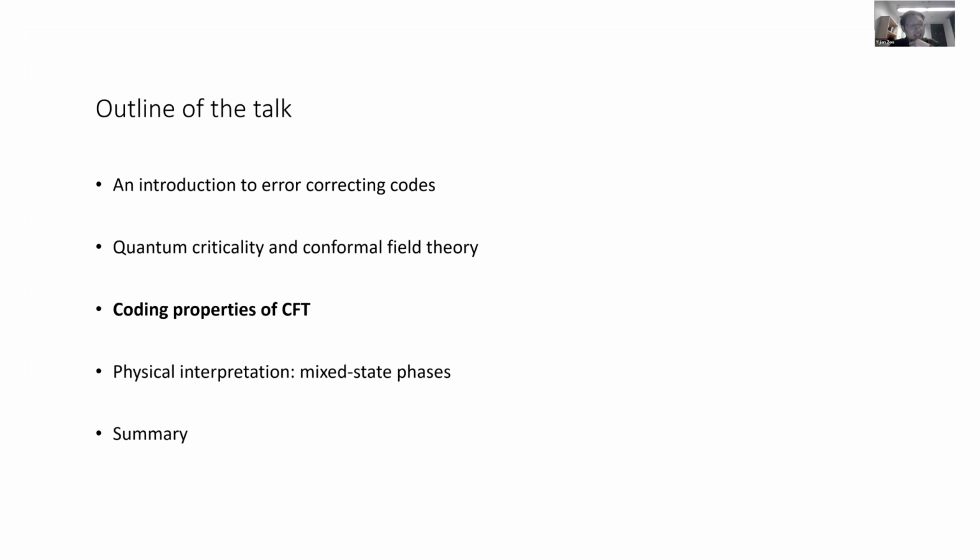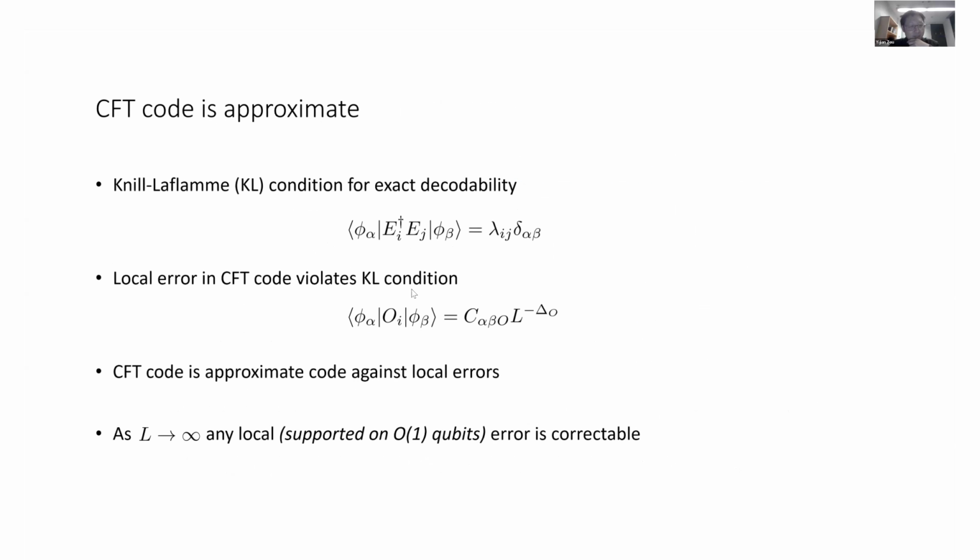But I also told you that X error can be corrected if it is localized. What cannot be corrected is applying X everywhere with a finite probability.